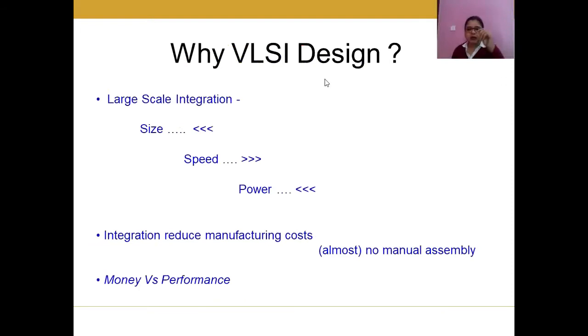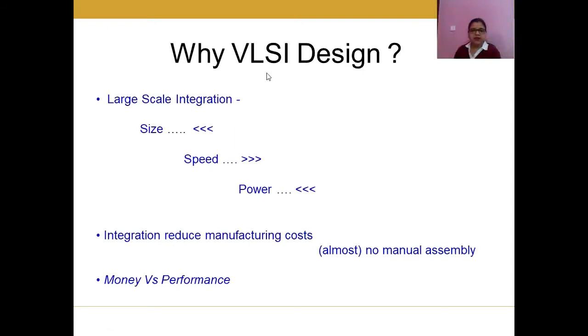Now the question comes, why VLSI design? We are discussing it again and again, but this question is of very big significance: why VLSI? In large scale integration, the size was larger in comparison.